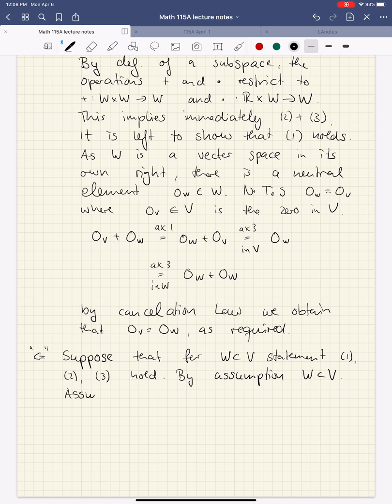So assumptions 2 and 3 ensure that the operations in V restrict to operations in W. It is left to show that W is a vector space in its own right.